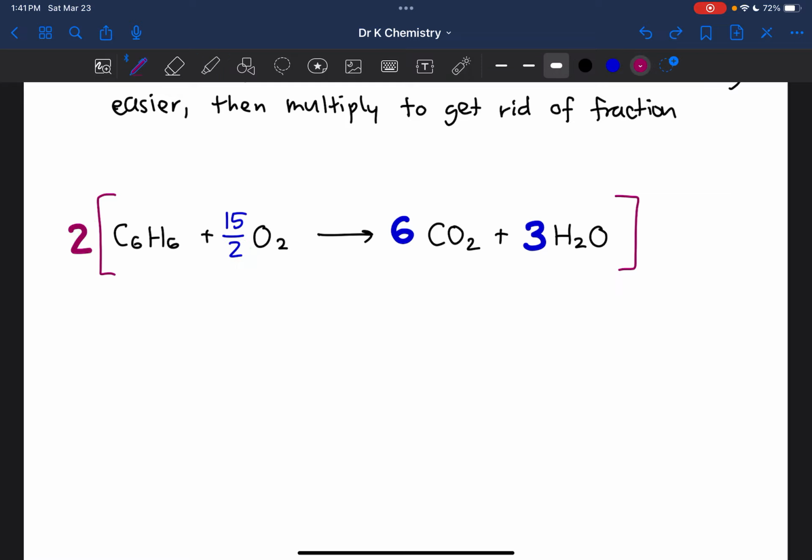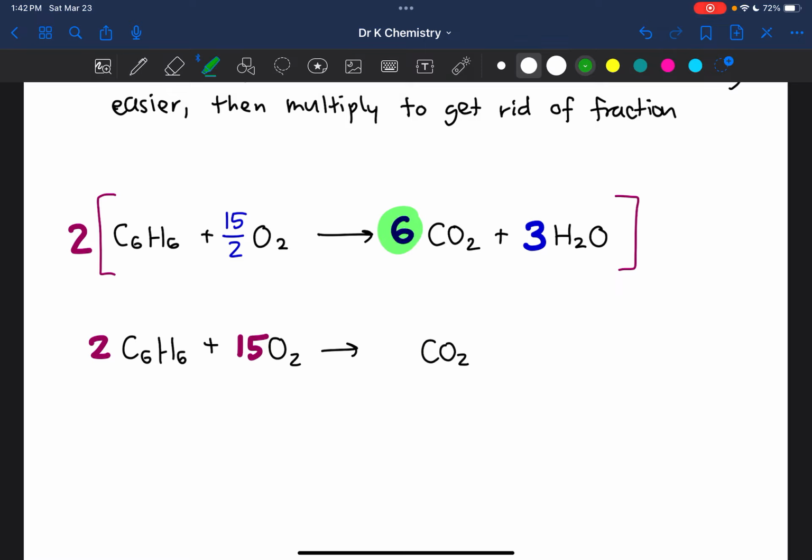But of course, anything that we do to one formula, we have to do to every formula. So that means that C6H6 is going to get multiplied by 2. Then our oxygen gets multiplied by 2. And well, when 15 halves gets multiplied by 2, we end up with 15. Then we end up with CO2.